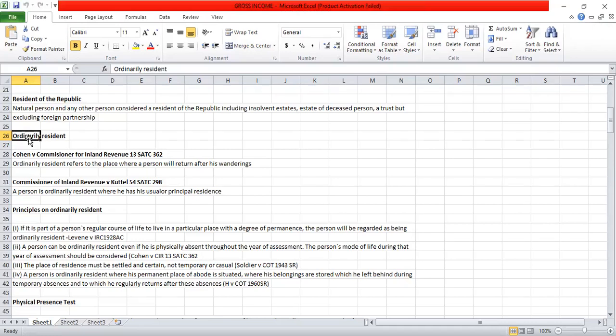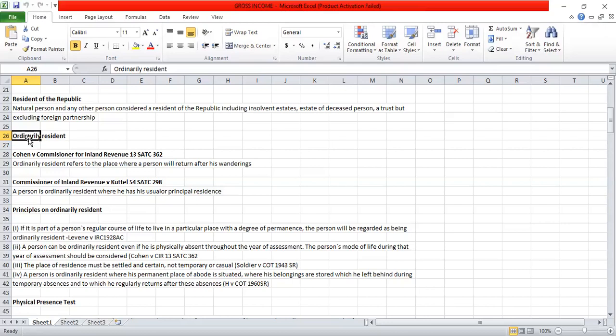This case came about because of a director who was in South Africa, but because of the problems that were caused by the World War, he was forced to go to the United States, and he worked in the United States for about 3 years.